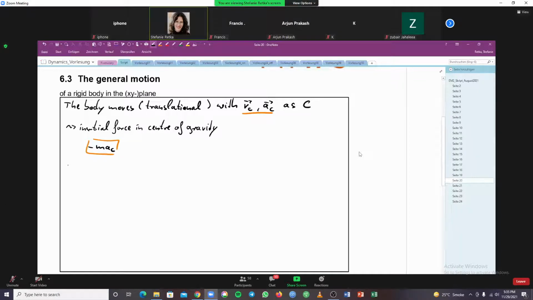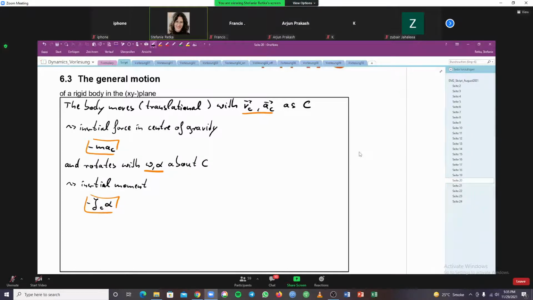And at the same time, our object rotates about the center of gravity, which gives the inertial moment, minus JC times alpha. So very similar to what we just stated before.